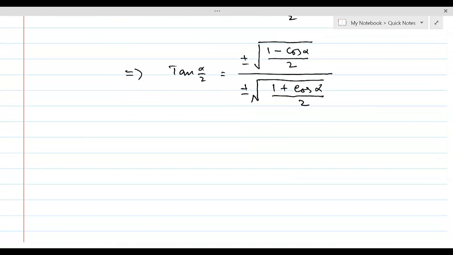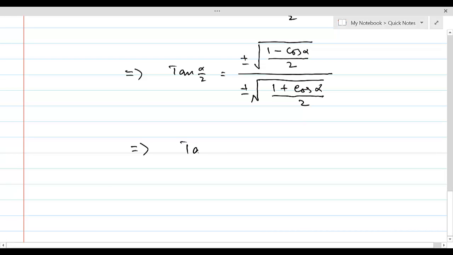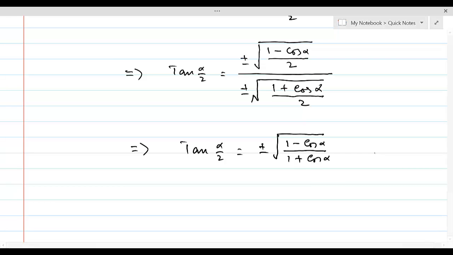Obviously the common denominator can be cancelled, leaving behind tan(α/2) equal to plus minus square root of (1 minus cos α) over (1 plus cos α). So these are the three half-angle trigonometric identities, and now we will try to find triple-angle trigonometric identities.